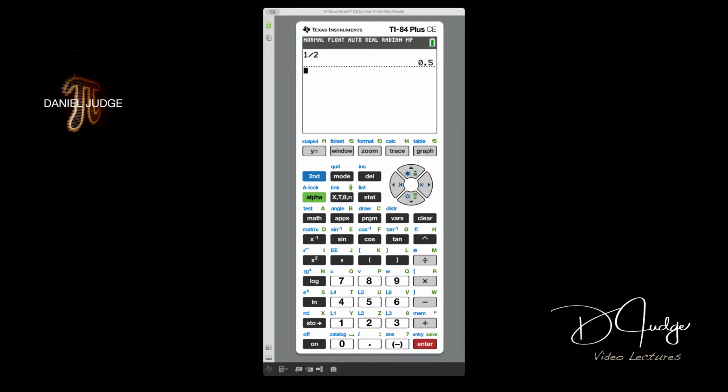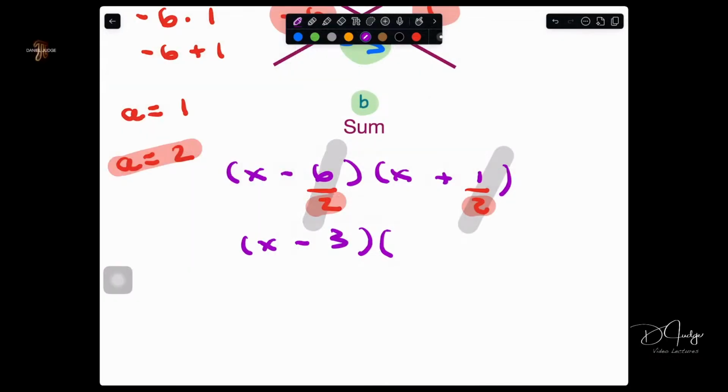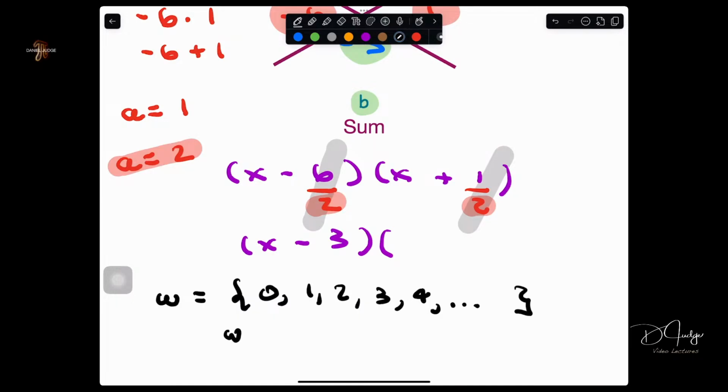All right, let's just write some more information down. So, to say to you, what in the world are whole numbers? I'll use a W for whole numbers. 0, 1, 2, 3, 4, and so on. These are whole numbers. This is what we want to see in that division.